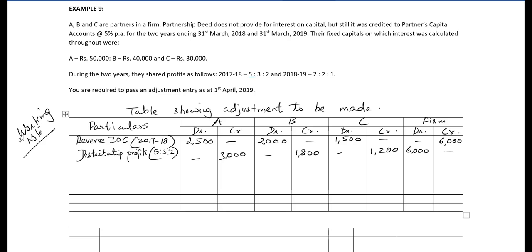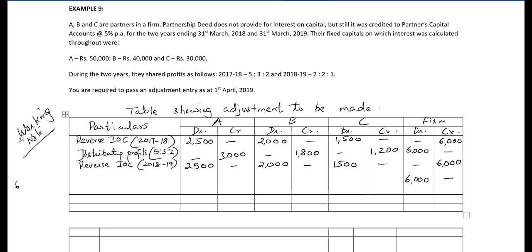Now again I will reverse the IOC for 2018-19. 2,500 debit of A, 2,000 debit of B and 1,500 debit of C. So I get 6,000 to the credit of the firm. I will write 6,000 on the debit, and this time I will divide in the ratio of 2:2:1.